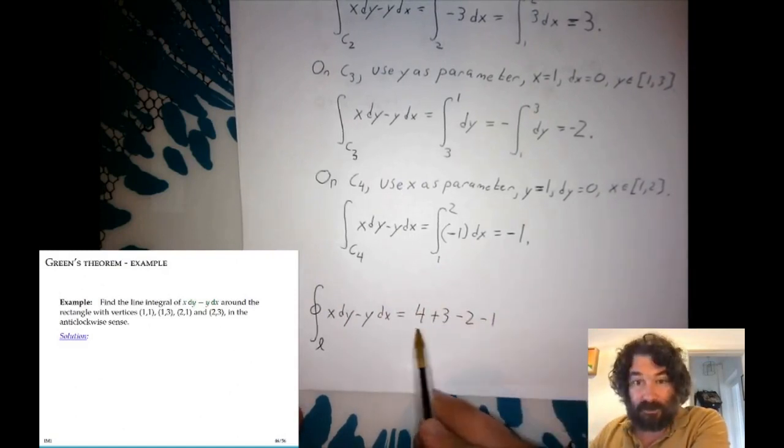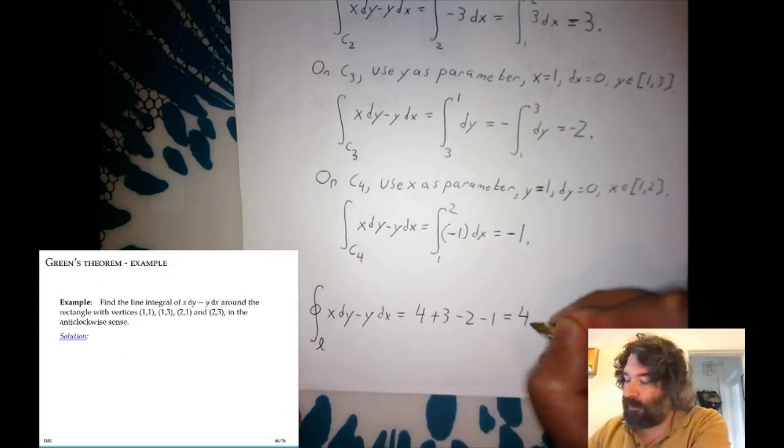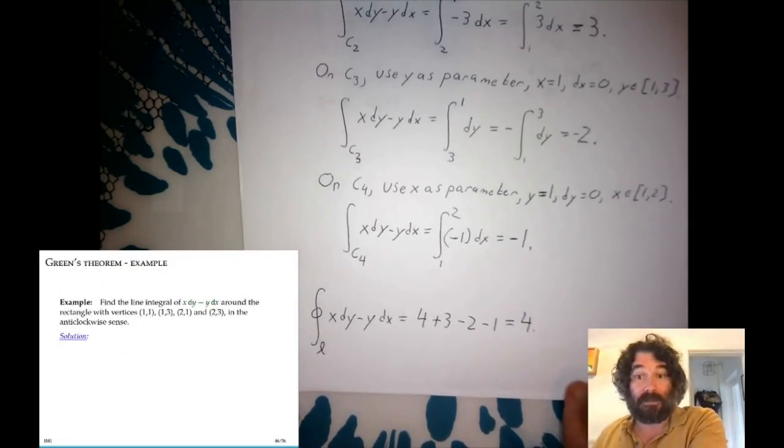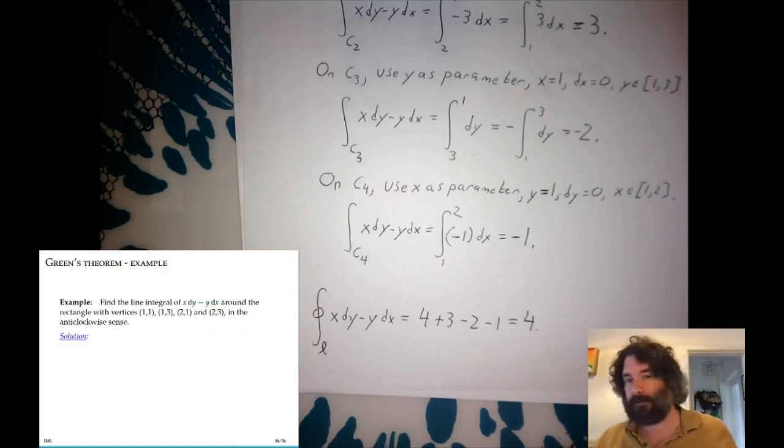So this was C1, C2, C3, C4, and that gives us 4. So this gives us the same result as from Green's theorem, and so George Green was correct, and we're successful. Okay, so this is an example using Green's theorem.